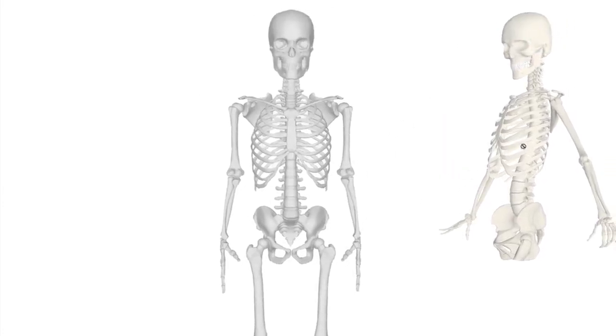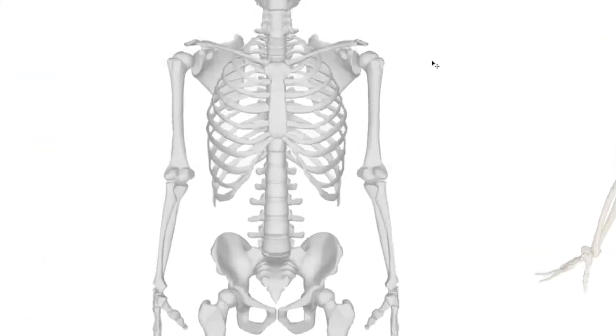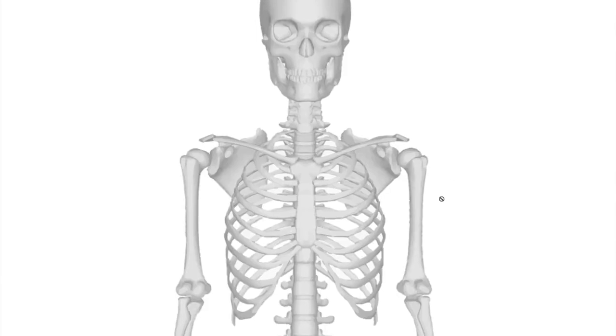The other important thing is the shoulder blade and the collarbone. They are the ones that move your arm. If you look at this arm bone, the upper arm, you can see how it's connected to the shoulder blade, not the collarbone.